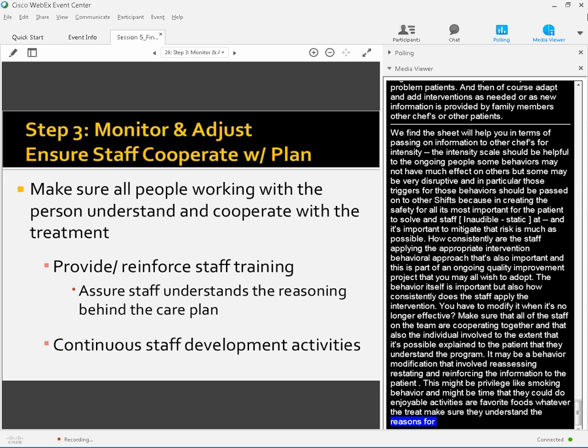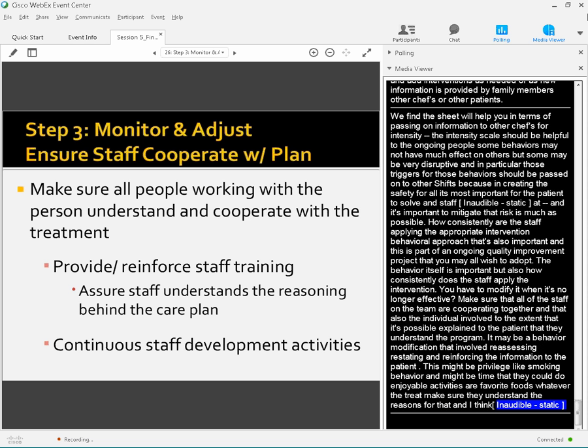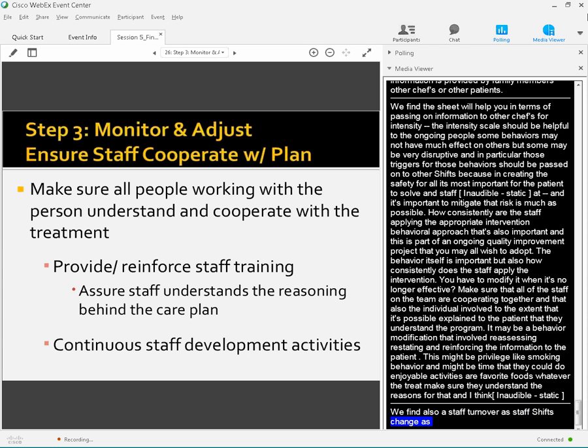We find, too, that as staff turnover, as staff shifts change, as the patients change, that the continuous staff development has to be done in order to keep an active non-pharmacologic treatment plan always first in mind when approaching difficult behaviors.